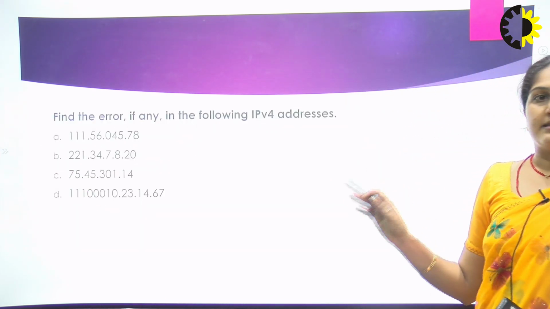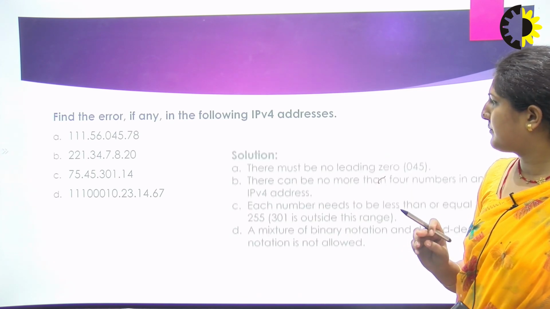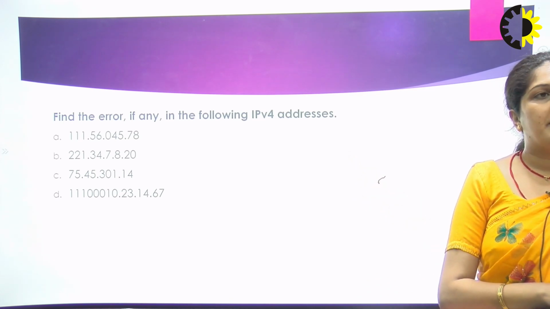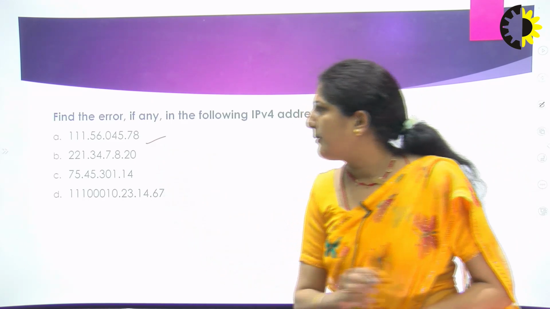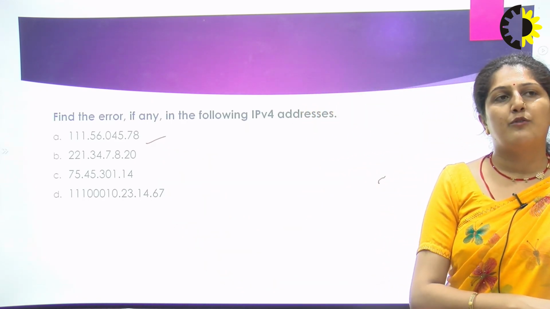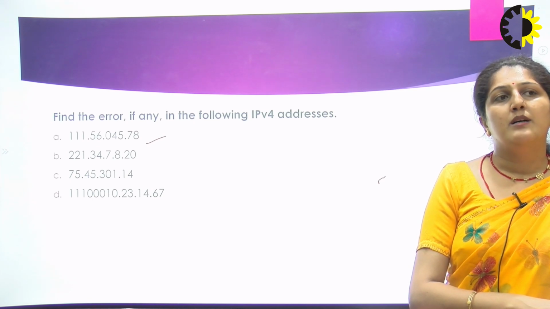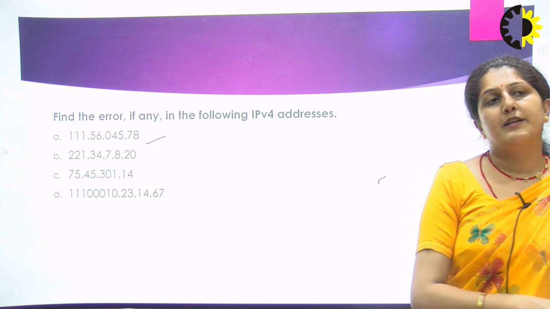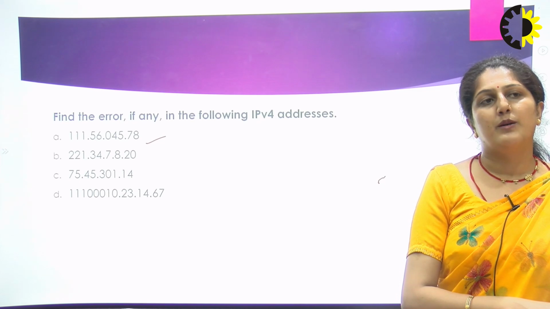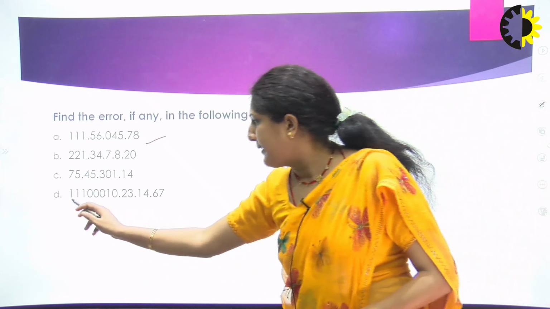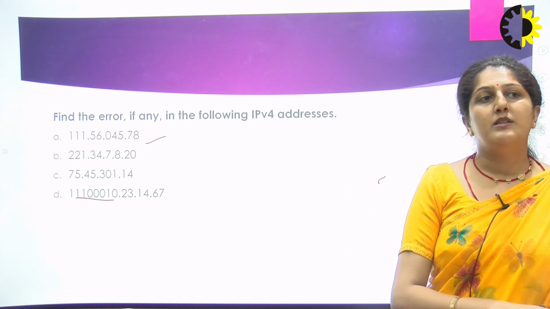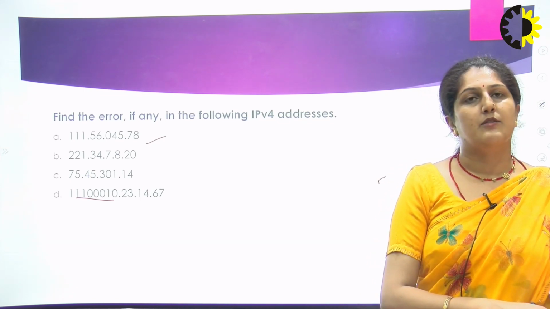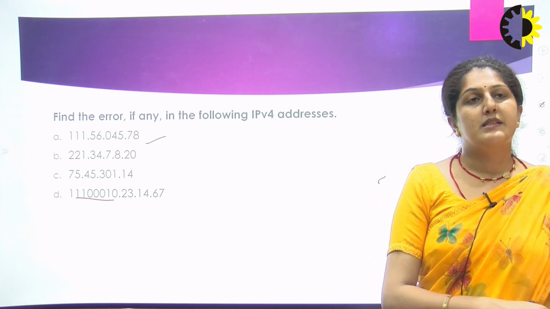So if we see, these are some IP version 4 addresses: 111.56.045.38, 221.34.7.8.20, 75.45.301.14, and the last one starting in binary, 111.000.23.14.67. So there are some errors in these IP addresses.